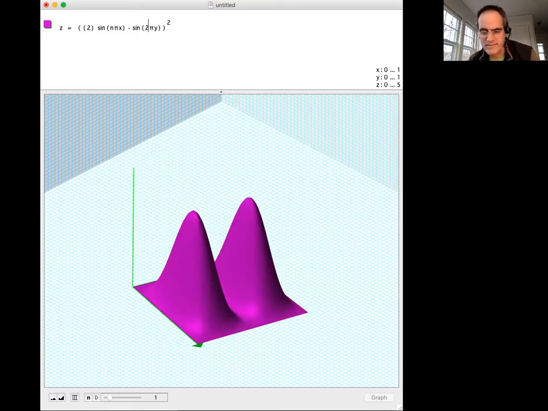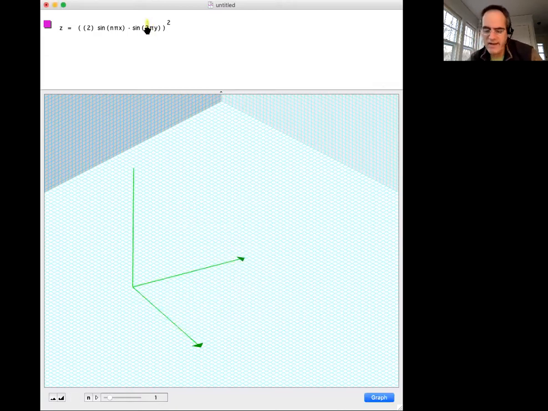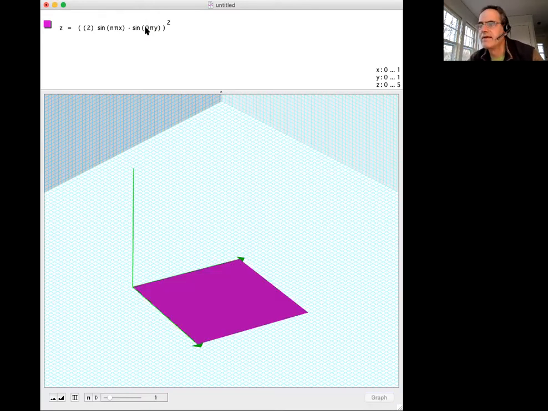All right. Anyway, I wanted to show you the probability density for this two-dimensional particle in a box. Oh, one other thing. So here we have nx equals 1 and ny equals 2. Have you wondered why we can't have, say, nx equals 1 and ny equals 0? Here, let's try it. You'll see immediately. Of course, if ny is equal to 0, then in the second term here, we have sine of 0, which is 0.